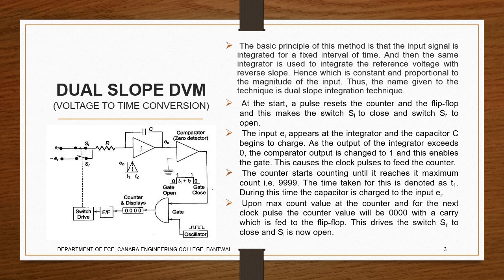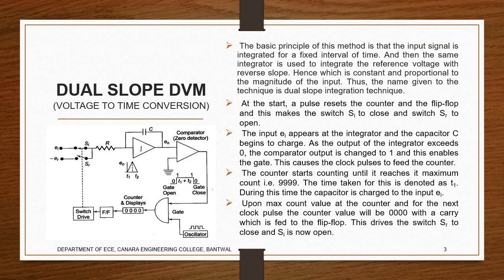So it starts to count. The counter counts from 0 to 9999. This is the maximum count. Until it reaches the maximum count, the capacitor is charged.